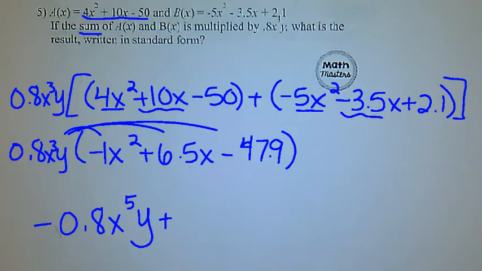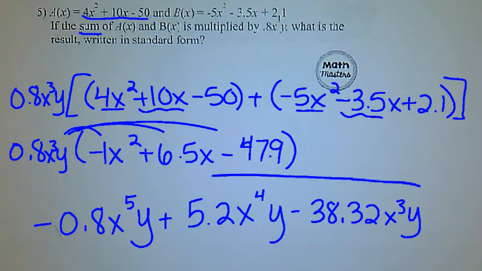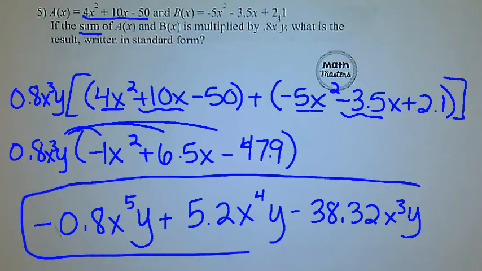Okay, so 5.2 x to the 4th y, and then 47.9 times 0.8 would be 38.32 x cubed y. And there's your final answer. Not pretty, but again, that's the answer.